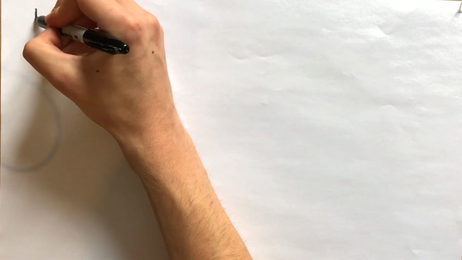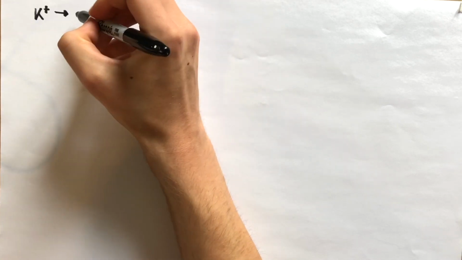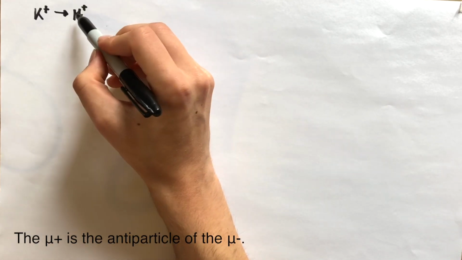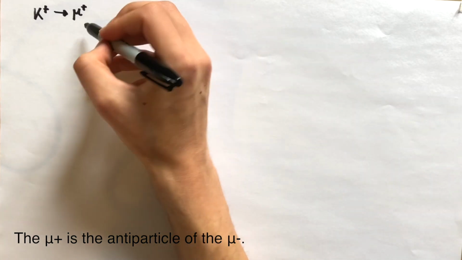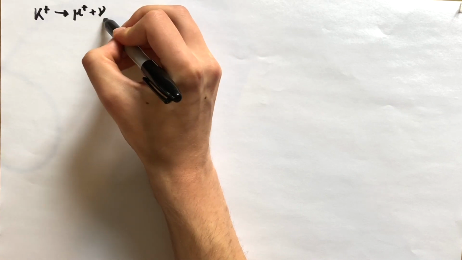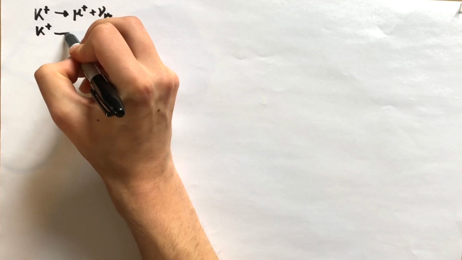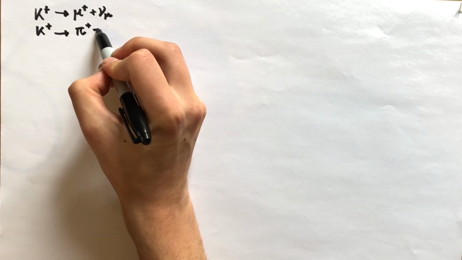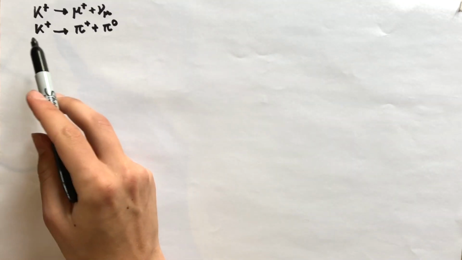So the K plus meson decays into an anti-muon, a bit like with the positron we used e plus, but the anti-muon has been given the symbol mu plus, and a mu neutrino, or it can decay into a positively charged pion and a neutral pion. So those are the 2 different ways in which the K plus kaon can decay.